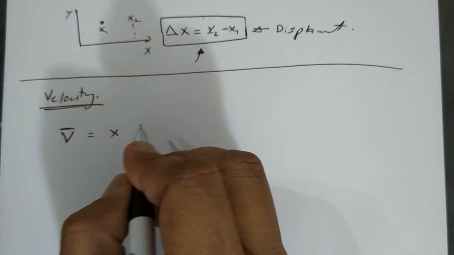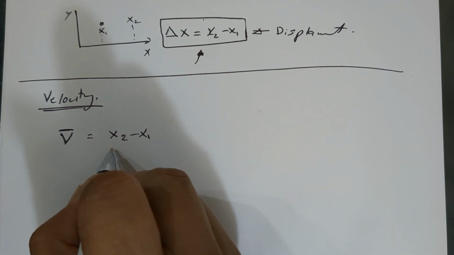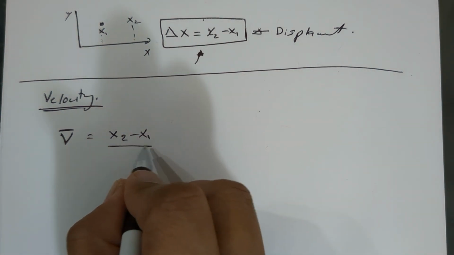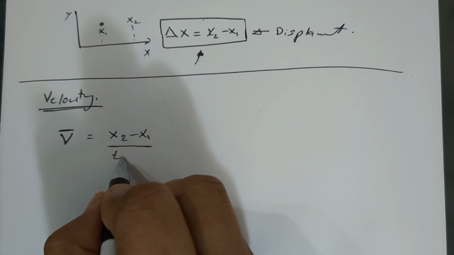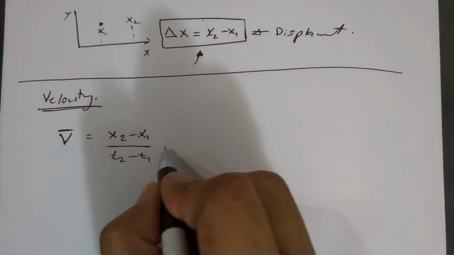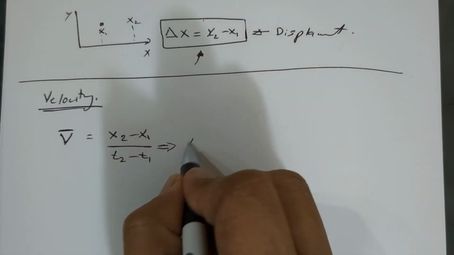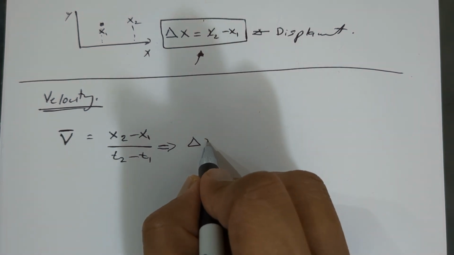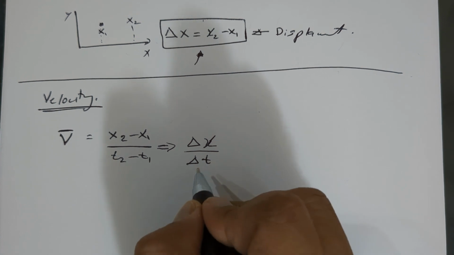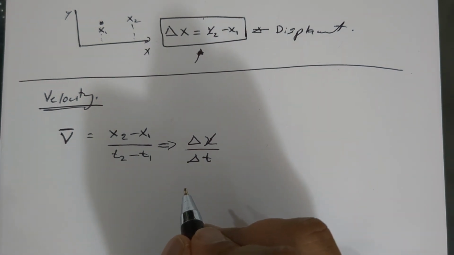So first you have to have the distance, which is x2. You need to know how much distance you have traveled, right? But then to make it velocity, you have to consider how much time it took. So it's t2 minus t1. So if you convert it, this becomes delta x over delta t. So that is your velocity, right?